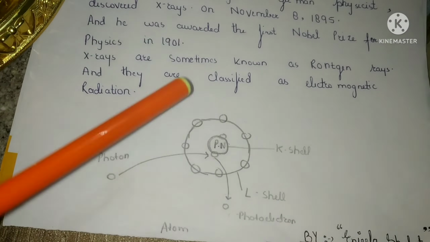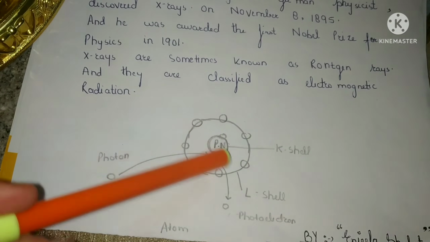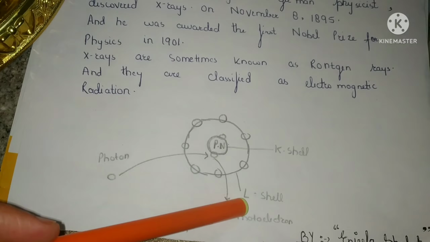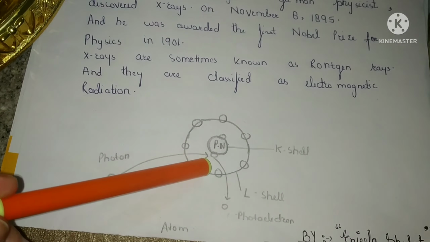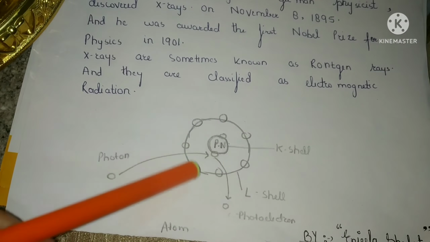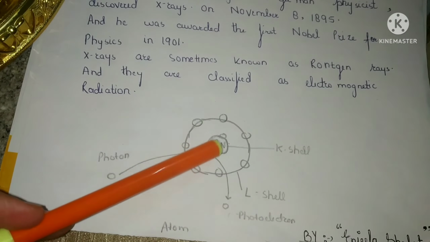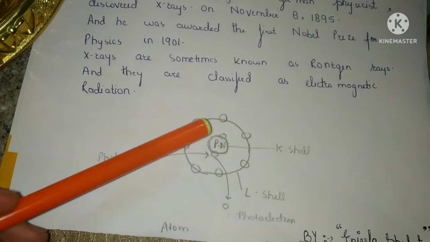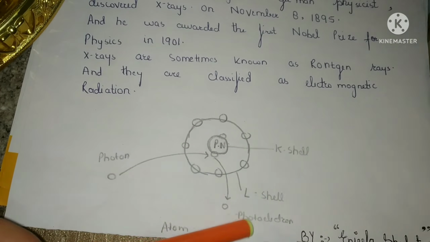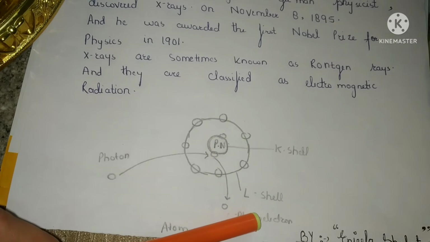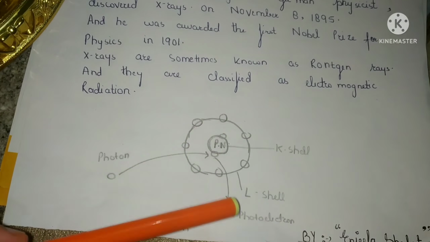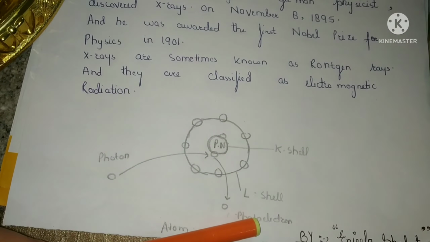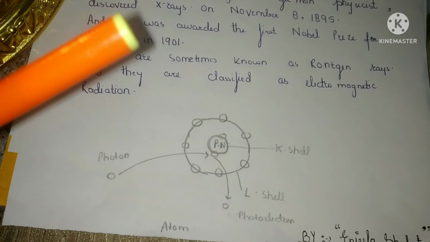Now this electron, after coming out of the K shell orbit, what happens? The space in the K shell remains vacant. I forgot to say that when this electron comes out of the orbit, it is named a photoelectron. After coming out of the orbit of the K shell, this K shell electron is called a photoelectron.